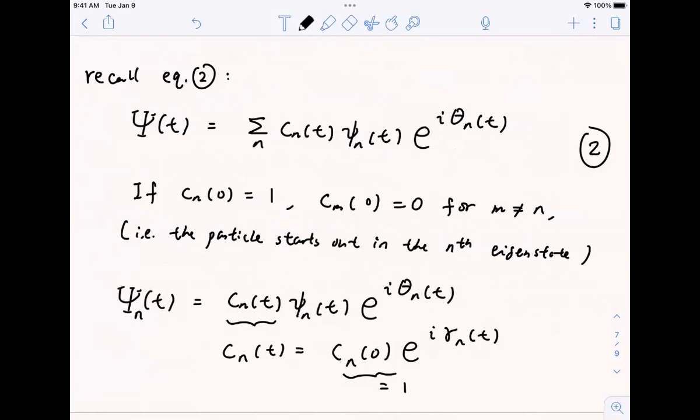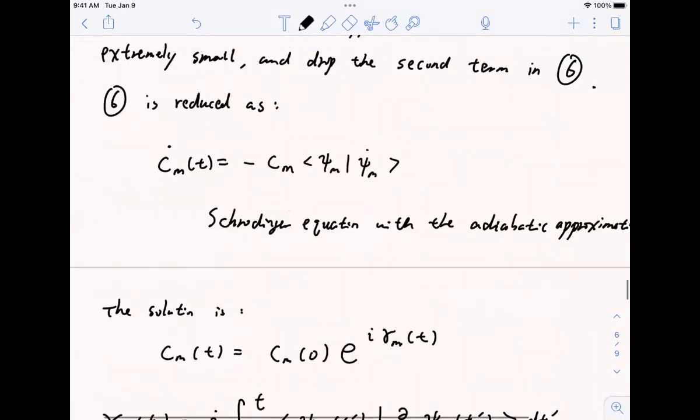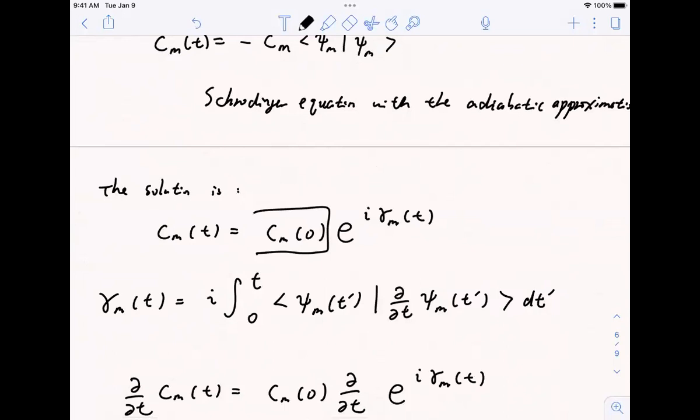In the adiabatic approximation, if this is 0, then it remains 0 all the time. So you only have one eigenstate all the time.